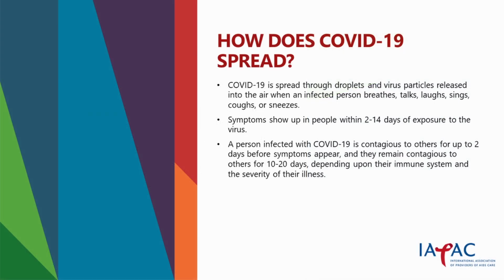COVID-19 is spread through droplets and virus particles released into the air when an infected person breathes, talks, laughs, sings, coughs, or sneezes. Symptoms show in people within 2 to 14 days of exposure to the virus. A person infected with COVID-19 is contagious to others for up to 2 days before symptoms appear, and they remain contagious to others 10 to 20 days, depending on their immune system and the severity of their illness.